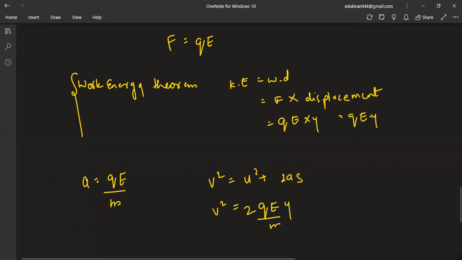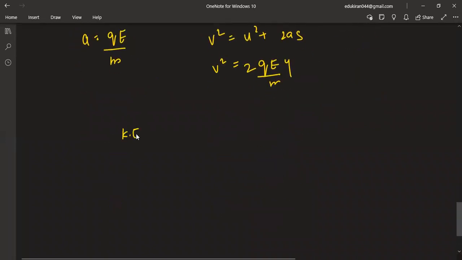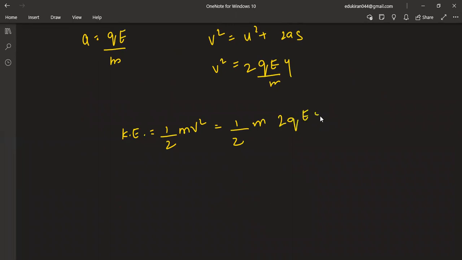Now when you calculate kinetic energy, this is half mv square. So half m v square will become QEy, since the 2 and m get cancelled. Alternatively, you are getting QEy. Clear?